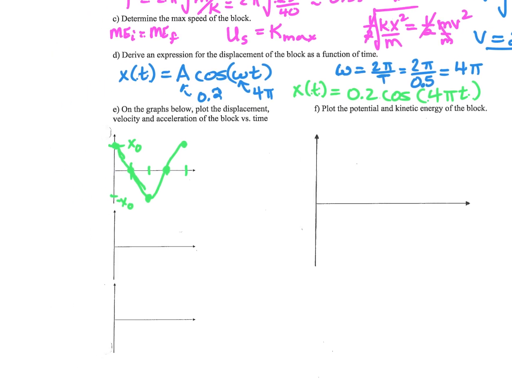So now we got to go to velocity. Well, we know the velocity starts at 0, and it is going to be accelerating and be at a maximum. We said, remember, it was at a maximum as it passed equilibrium, so it is going to go to some maximum here. And then as it gets to its max displacement in the other direction, it goes back to stop, doesn't it? We better be careful, though.